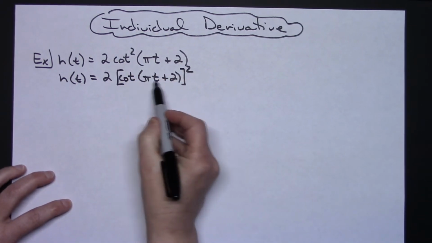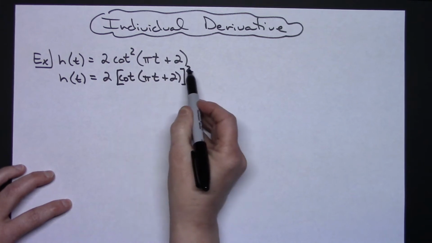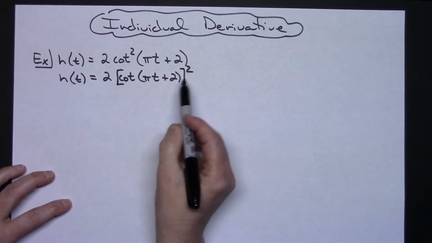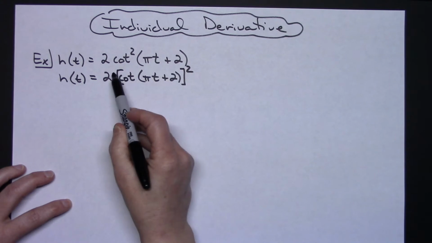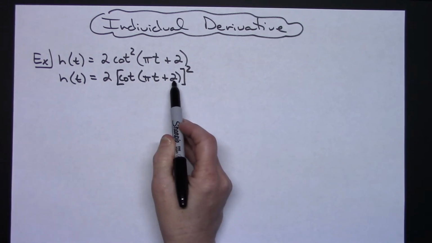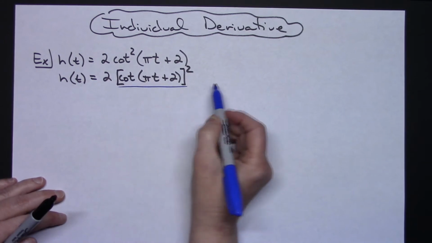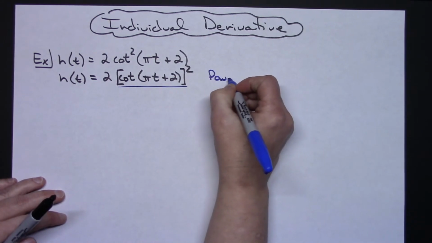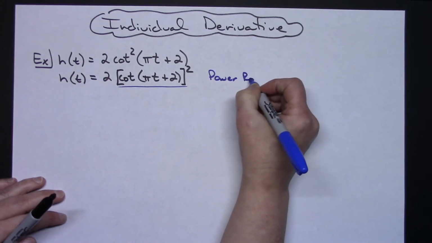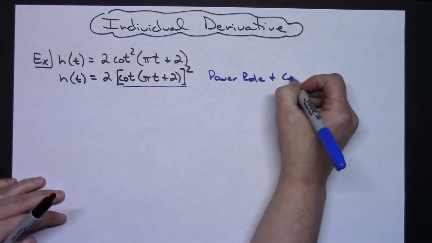That just allows you to see, hey, I really have two of these, and it's a power right here. So what this is going to be is I'm going to do power rule right here along with some chain rule. Okay, so right here we're going to see power rule and chain rule.